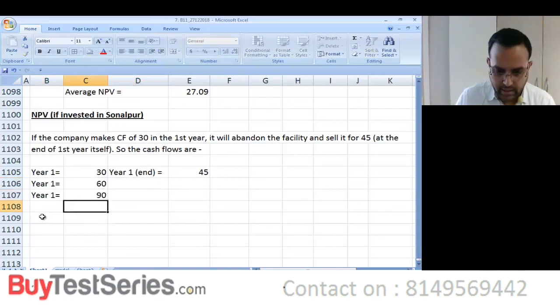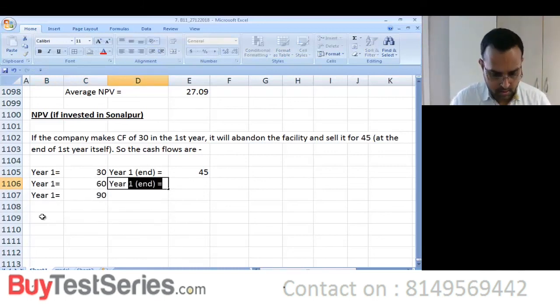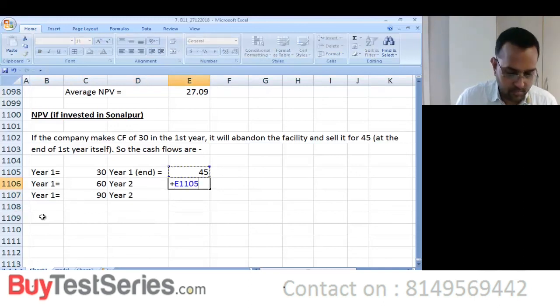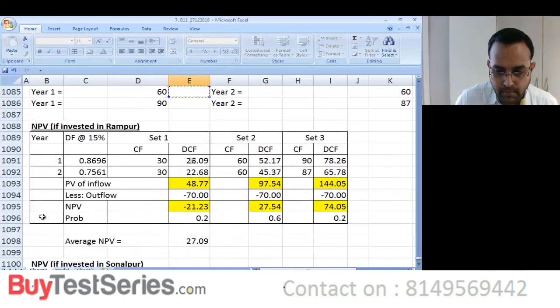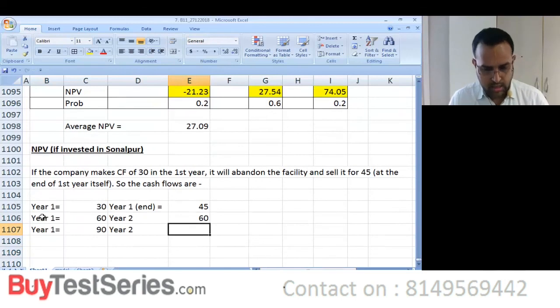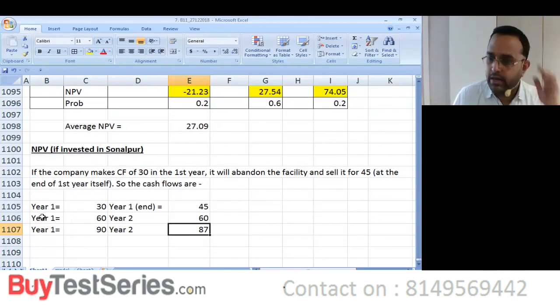If it is 60, 90, these numbers will remain the same. 60 and 87. Right?